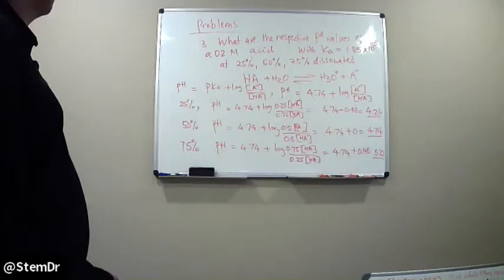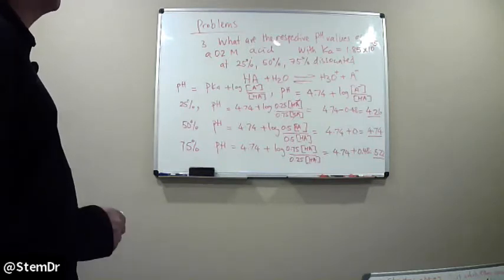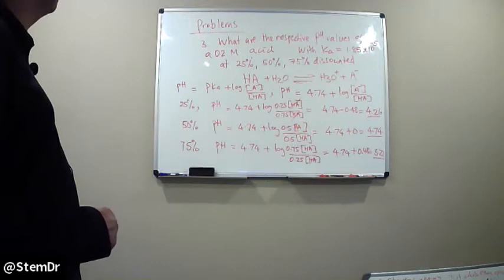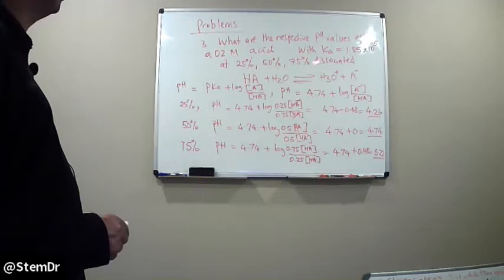Solve our problems. Number 3 asks for what are the respective pH values of a 0.1 molar acid with Ka value of 1.85 10 to the minus 5 at 25%, 50%, 75% dissociated.